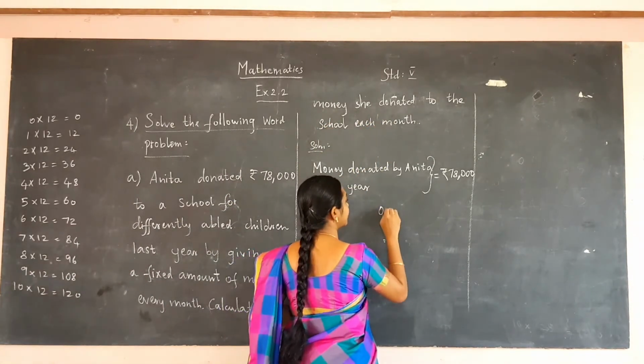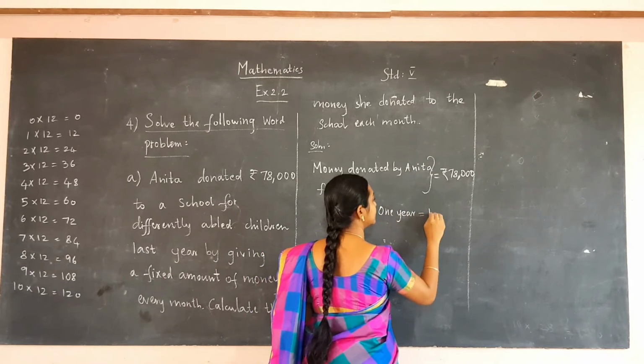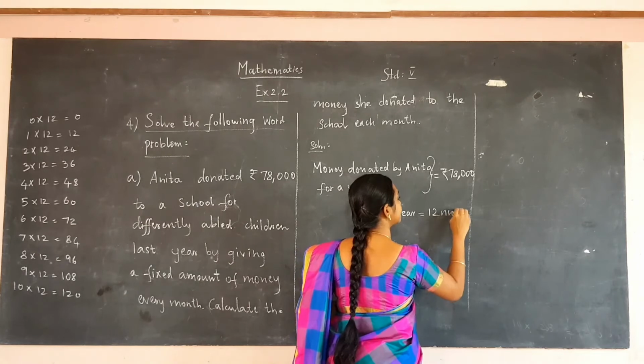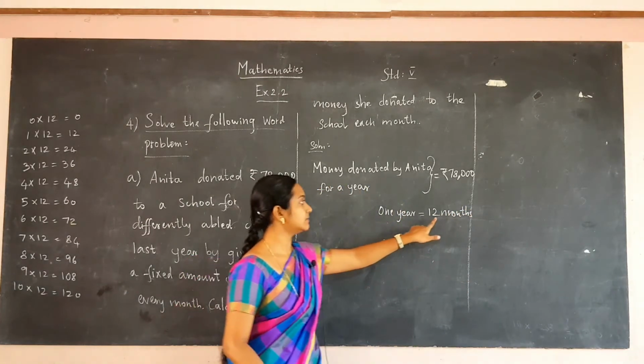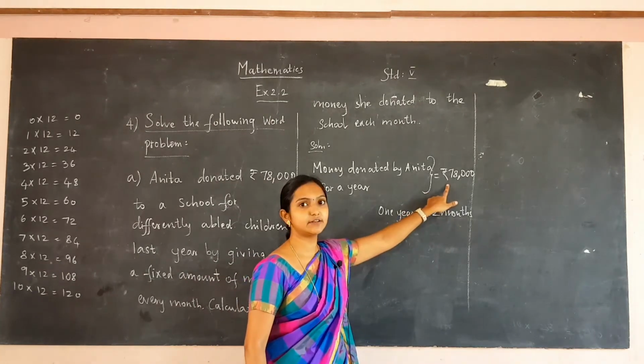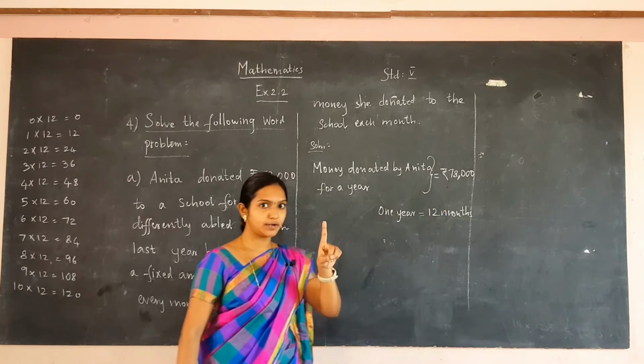So we know that 1 year is equal to 12 months. Money for 12 months is given as rupees 78,000. Now we are going to find how much money she donates for 1 month.